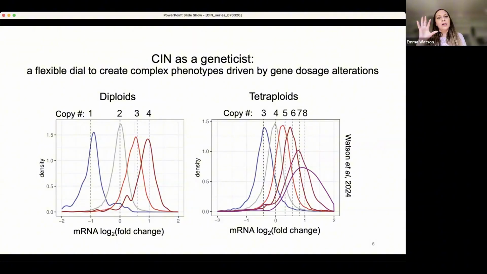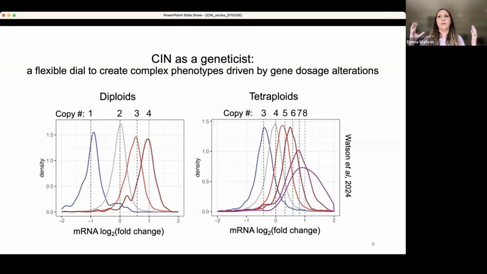So these are diploid cells that we induced aneuploidy in, selected a bunch of clones, did a bunch of transcriptomics, and what you can see, and this has also been seen by many other people in many other systems, is that generally speaking, the alteration in the transcriptome reflects the alteration in the gene dosage.